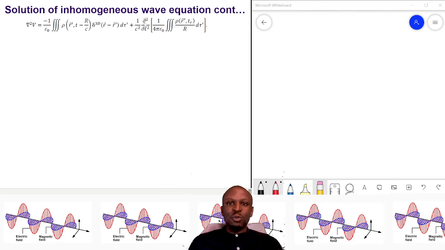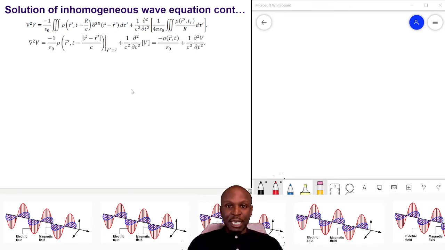Now I want to factor out this and then write this, because what is this? This is what we have said is the potential. Now if that is the potential, I can write this in terms of this, where r prime is the r vector. This term here will just vanish, and then I will end up with this.